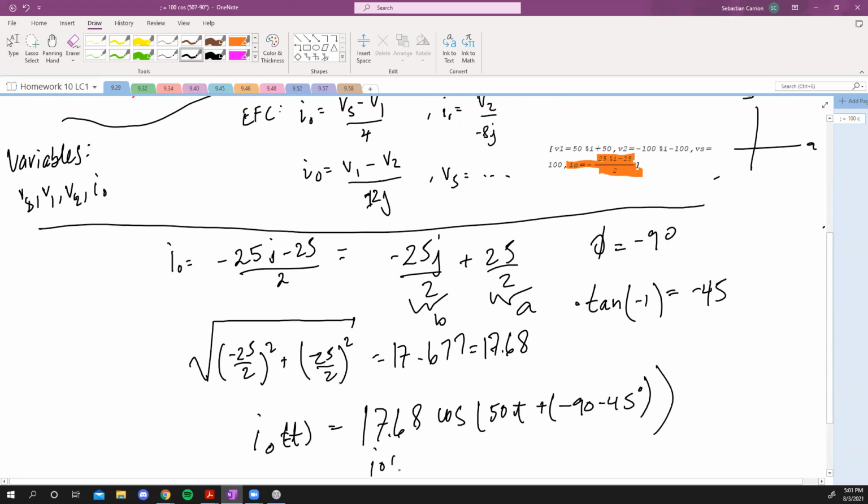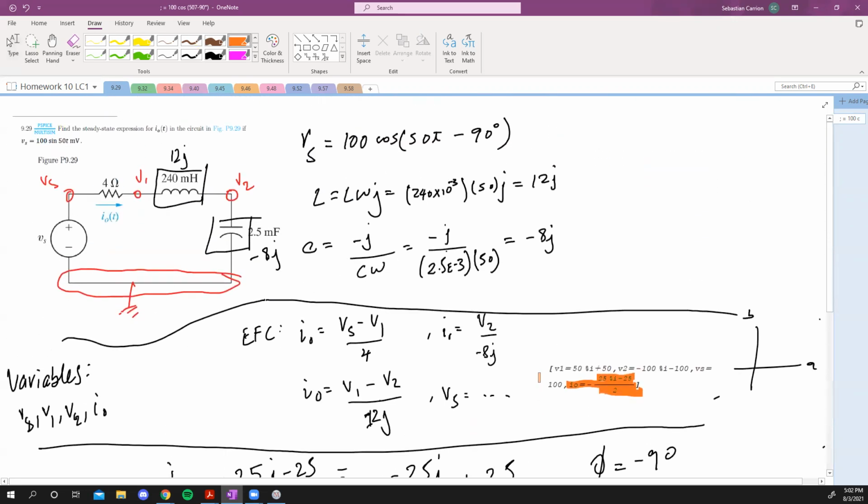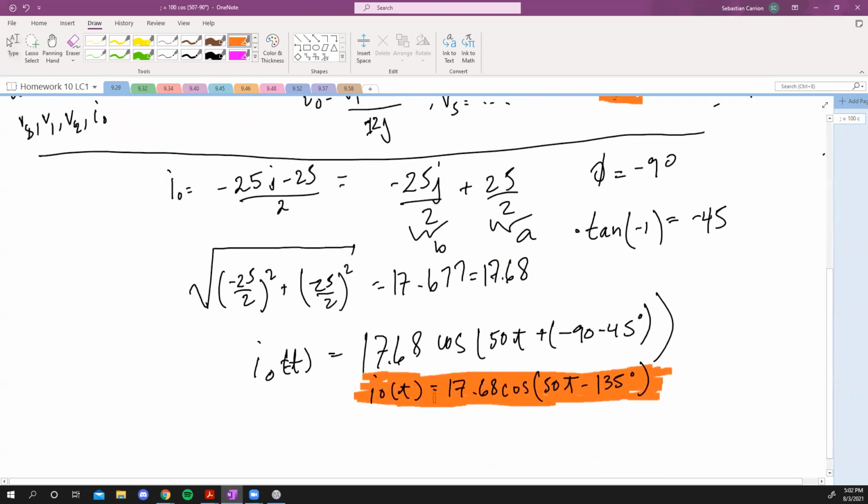So then this would be our answer: 50t minus 135 degrees. So this here would be the equivalent function for I naught, the steady state expression for I naught.